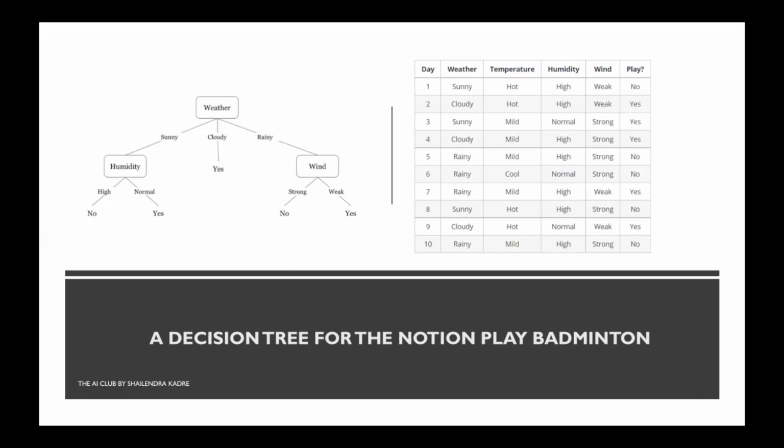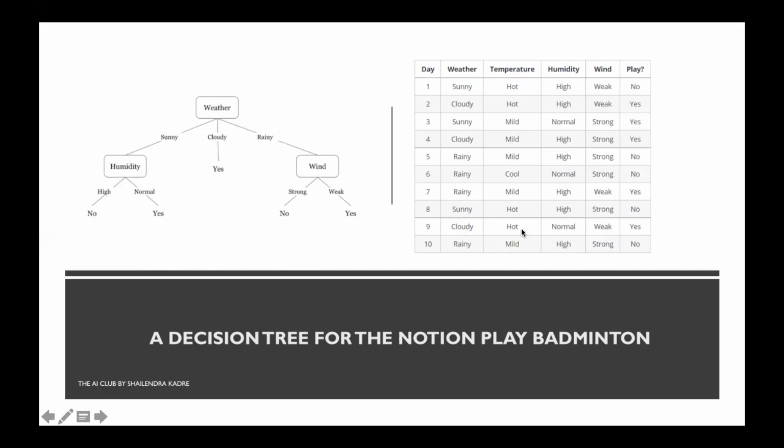Fine. Now if you see, when the weather is cloudy, in row number 2, the weather is cloudy and the play is yes. Then in row number 4, again weather is cloudy, play is yes. And day 9, weather is cloudy and play is yes.